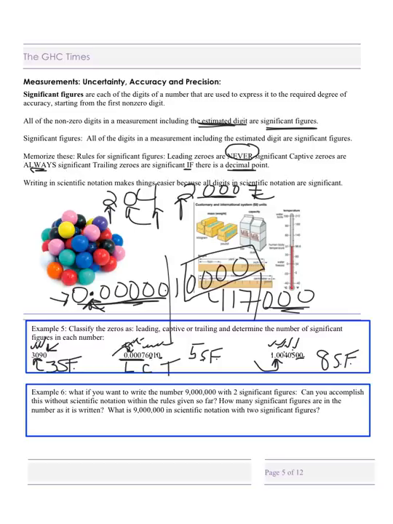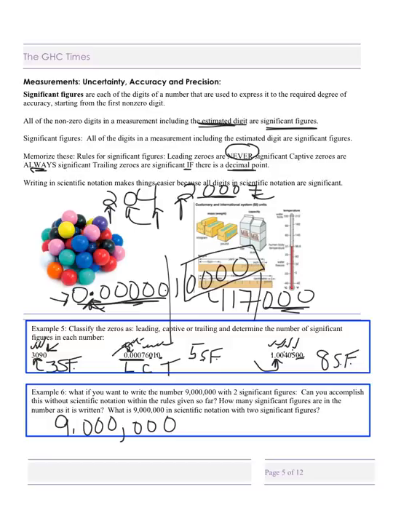Okay, example 6. What if you want to write the number 9 million with 2 significant figures? Could you accomplish this without scientific notation within the rules given so far? So how many significant figures are in the number 9 million as it is written?